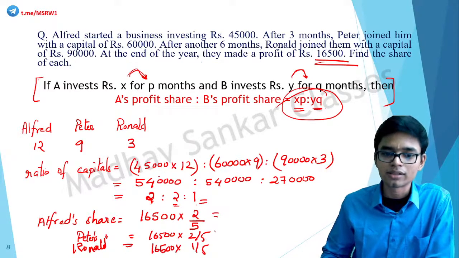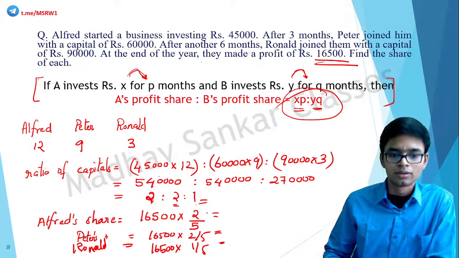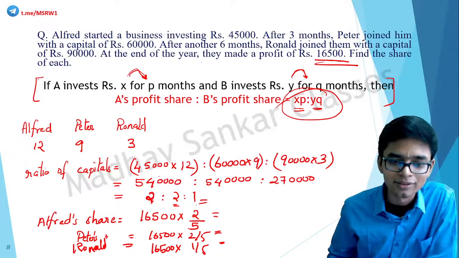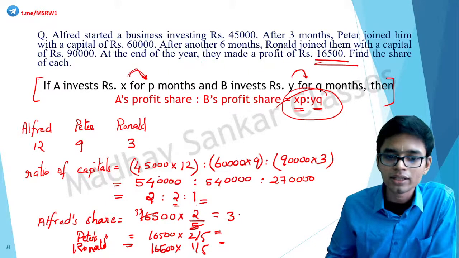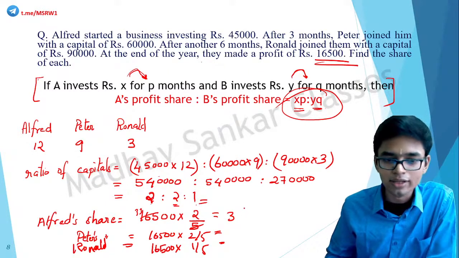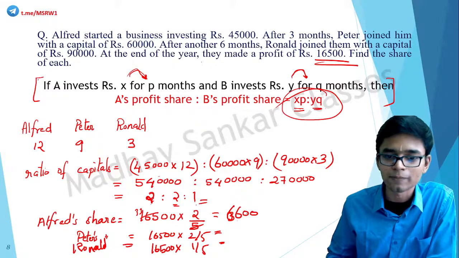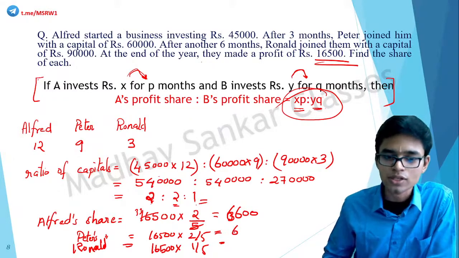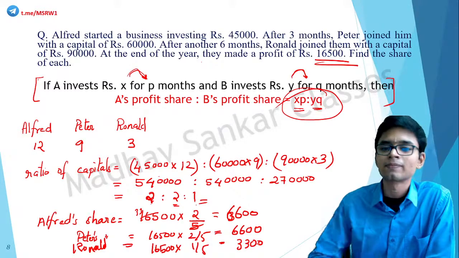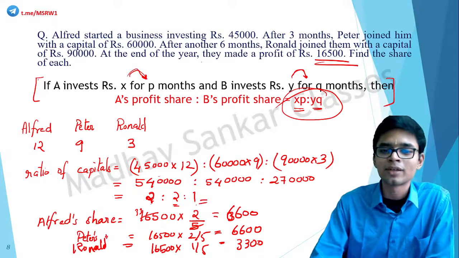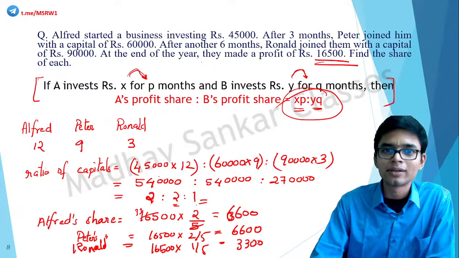Correct? So this is equal to, okay, what is this? 5 goes 3. So 33,000. So 3,300 into 2. That is 6,600. Okay. So this is also 6,600. And so this is 3,300. These are the answers. Did you understand how to get this?